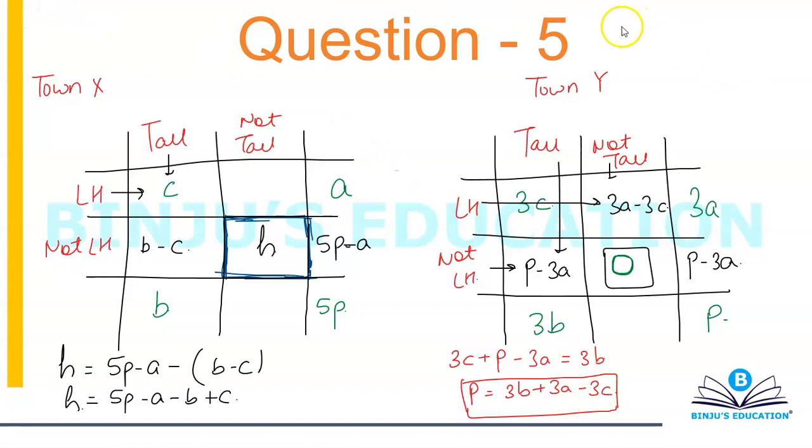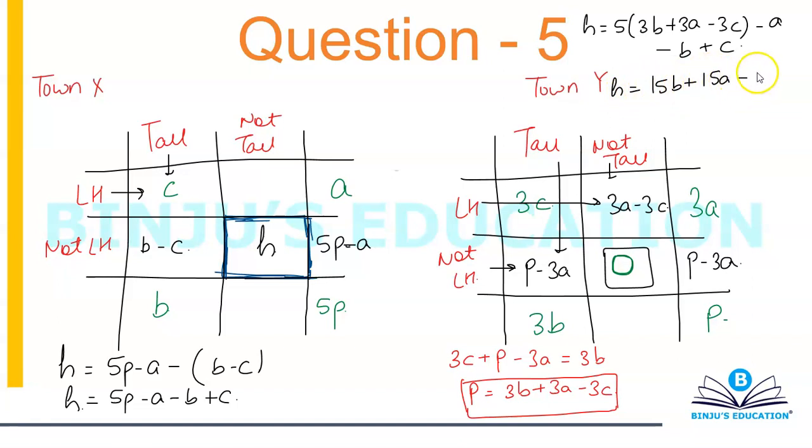So let me do my calculations on the right hand side at the top. So the value of H will simply become 5 times (3B plus 3A minus 3C) minus A minus B plus C. So the value of H from here will become 15B plus 15A minus 15C minus A minus B plus C. Or from here you're going to get the value of H as 14B plus 14A minus 14C.